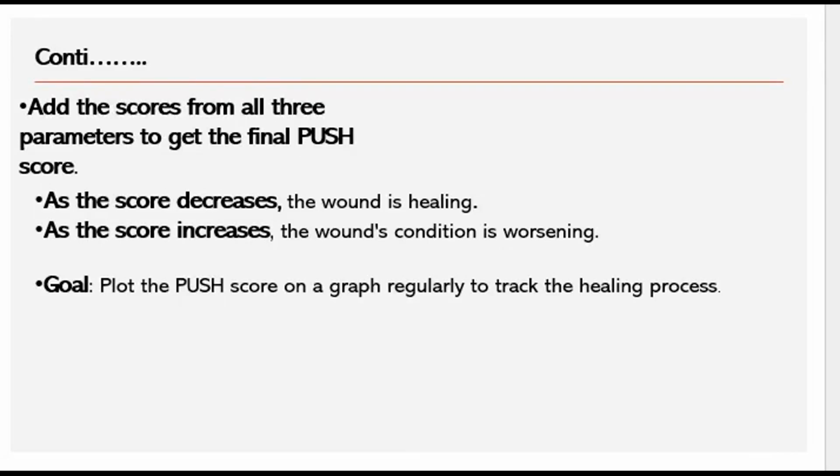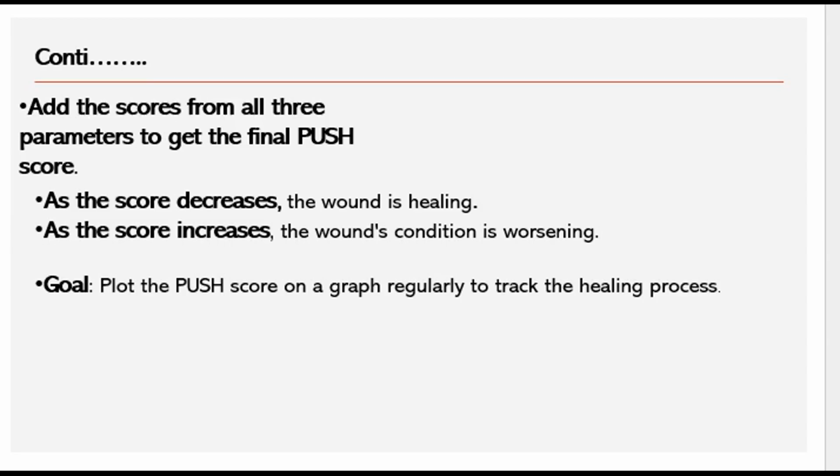Now we have the score for all three parameters, and we have made the total also. The total score starts from 0, 1, 2, 3. How will we know whether the healing process is happening in a healthy way or we need to change our care plan?